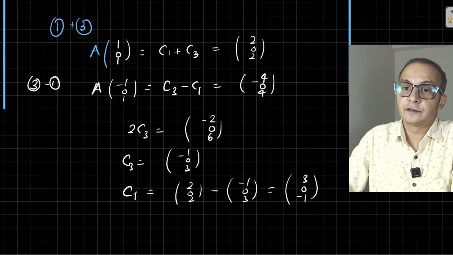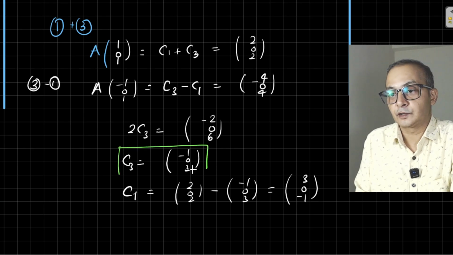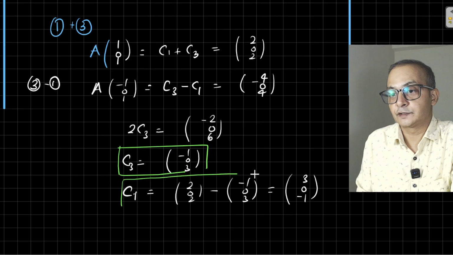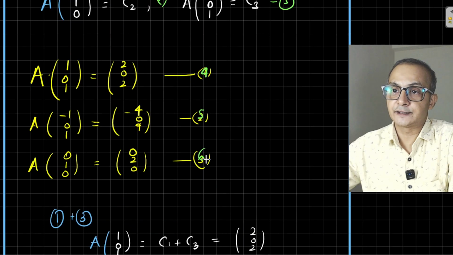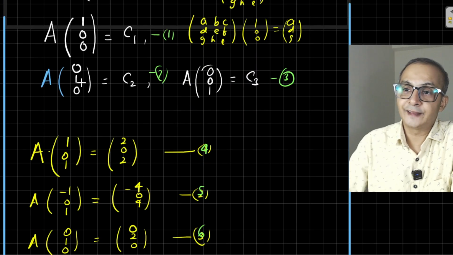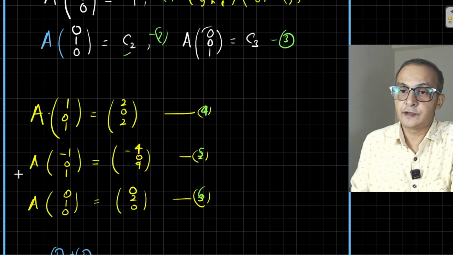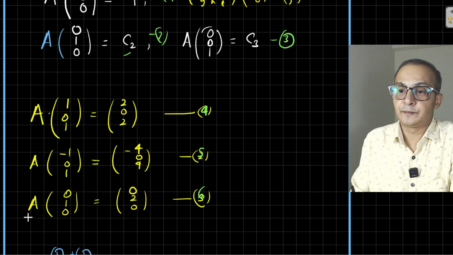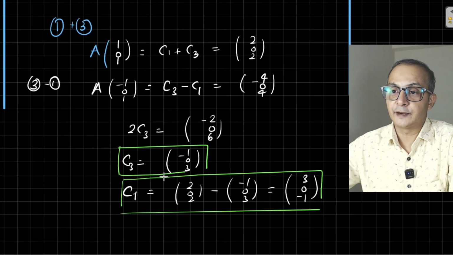So we got the elements of column 3, and the elements of C1. Now C2 is already given. If I multiply A with (0, 1, 0), I get the C2. It means here we already have A multiplied with (0, 1, 0), so this must be the C2 of this matrix A.